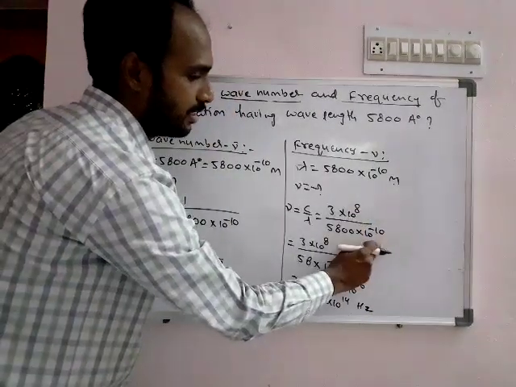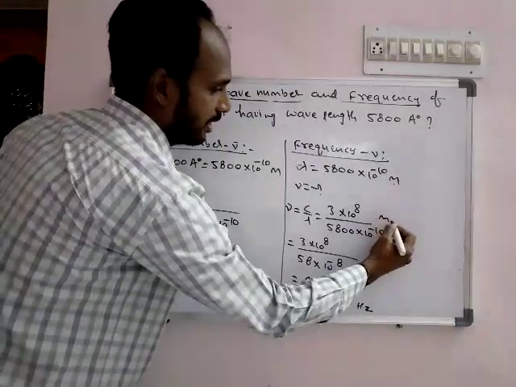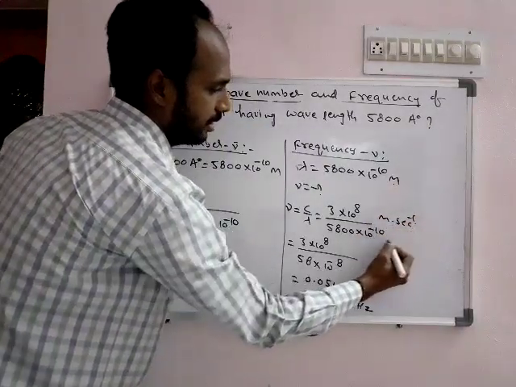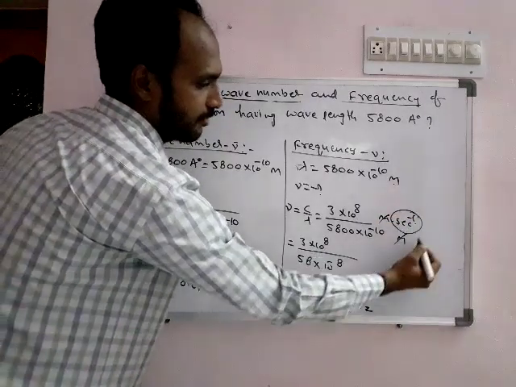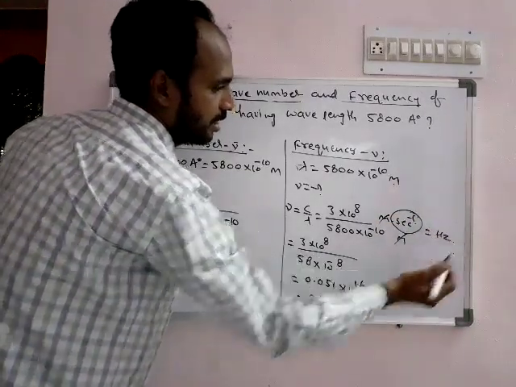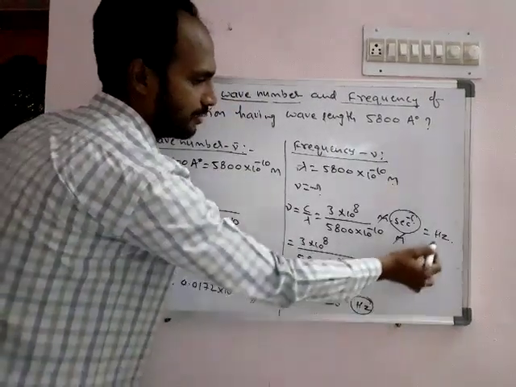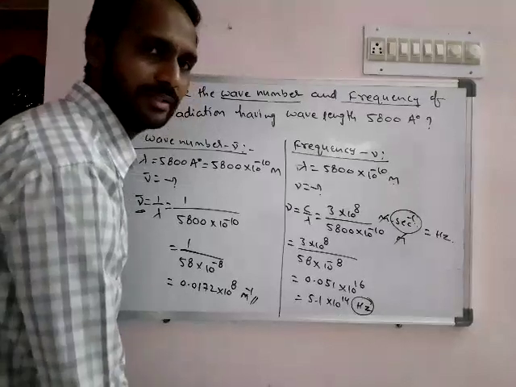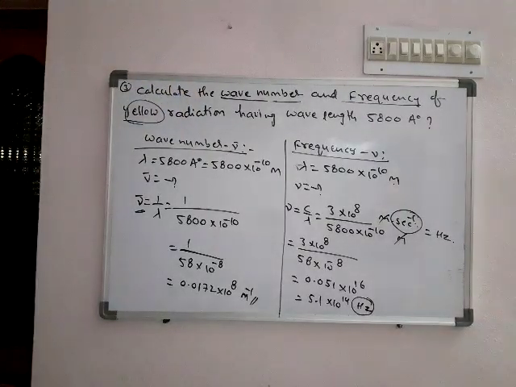Here it is meters per second and here it is in meters. Meters gets cancelled, means second inverse, which is equal to hertz. We always know the hertz is exactly equal to the second inverse numerically. Okay.